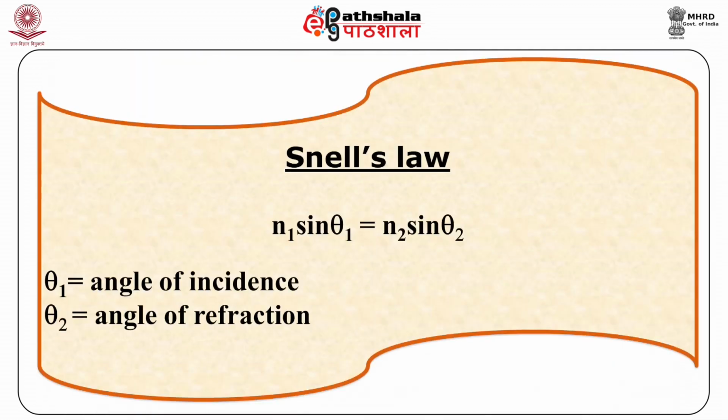This is also described by Snell's law, given by n1 sin θ1 = n2 sin θ2. Theta 1 and theta 2 are respectively the angle of incidence and the angle of refraction crossing the interface between the two mediums with refractive indices n1 and n2.